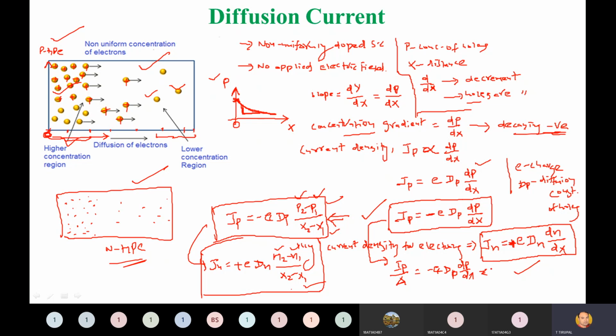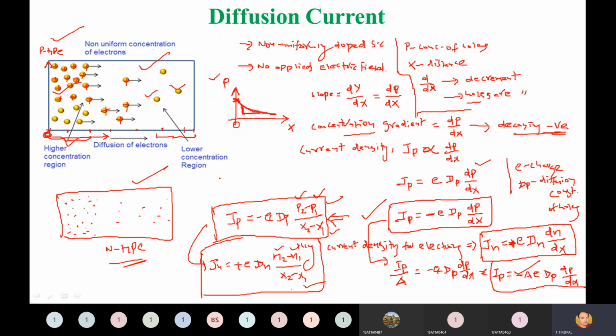Current Ip is equal to, cross multiplied by A, minus A e dp into dp by dx. Likewise, you can find the hole current. This is called hole current. Similarly, for electron current, In is equal to plus A e dn into dn by dx.